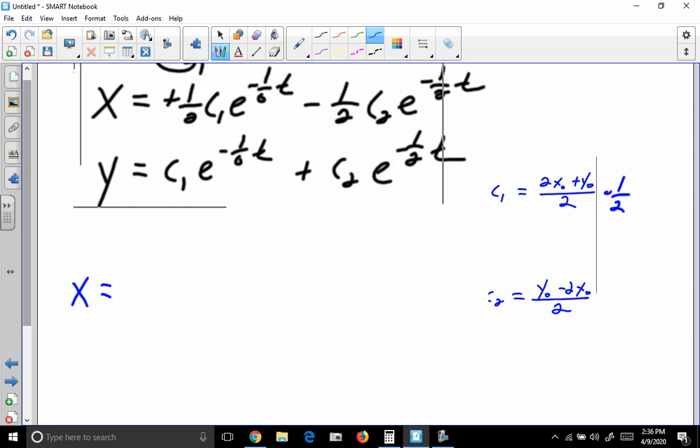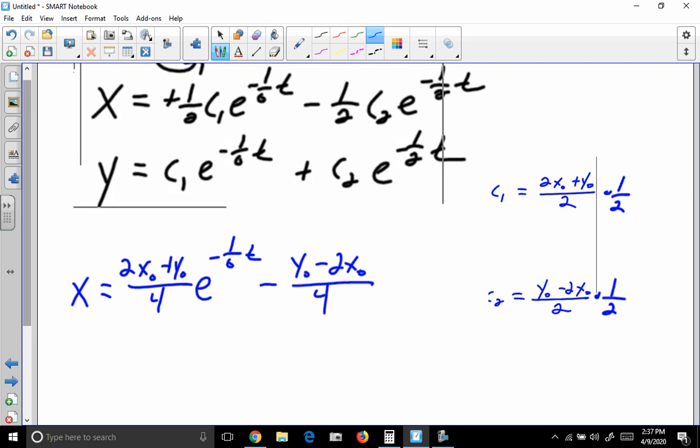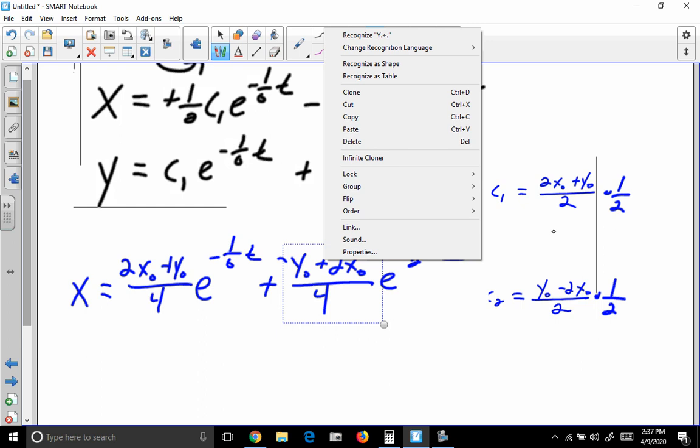So (2x naught plus y naught) over 4 e to the negative 1/6 t minus, if we multiply this times 1/2, we'll have (y naught minus 2x naught) over 4. And multiplying by 1/2, that's C2, so e to the negative 1/2 t. We could distribute that negative in there and make that a plus, that a negative, and that a plus if we wanted to.